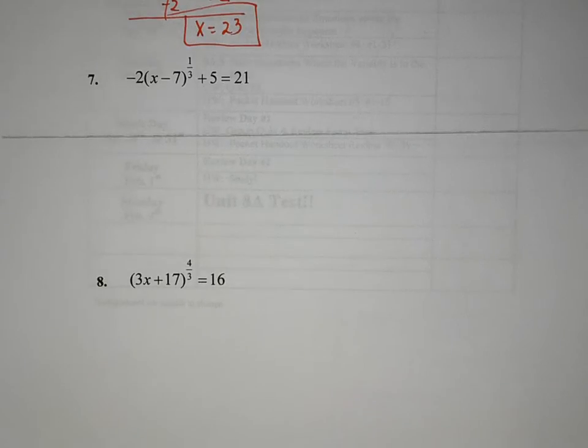Yeah, you can distribute because you have that 1/3 power. First, subtract 5, then divide by -2. Perfect. If you're paying attention the whole time, you probably keep that.